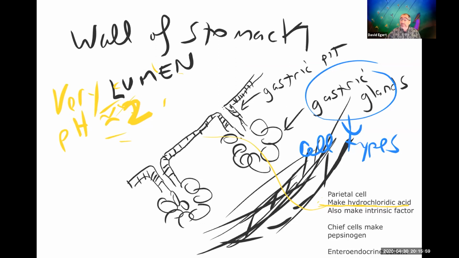Two, the acid helps denature the protein. When we talk about the protein breakdown in the stomach, the acid doesn't actually break down the protein, but it does denature. It kind of unwinds it and makes it easier for the enzymes to work.